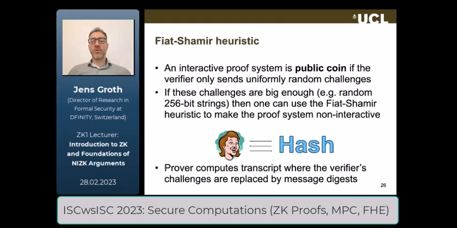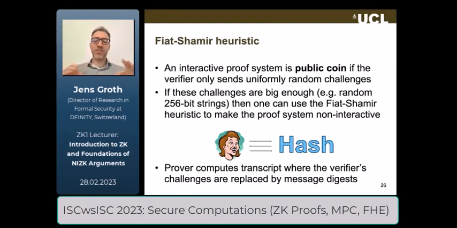So this works for an interactive system which has what is known as the public coin property, right? Public coin means that there's a proof system where the verifier only sends uniformly random challenges back, okay? And if those challenges are big enough, let's say 256-bit strings, then you can use the Fiat-Shamir heuristic to make the proof system non-interactive.